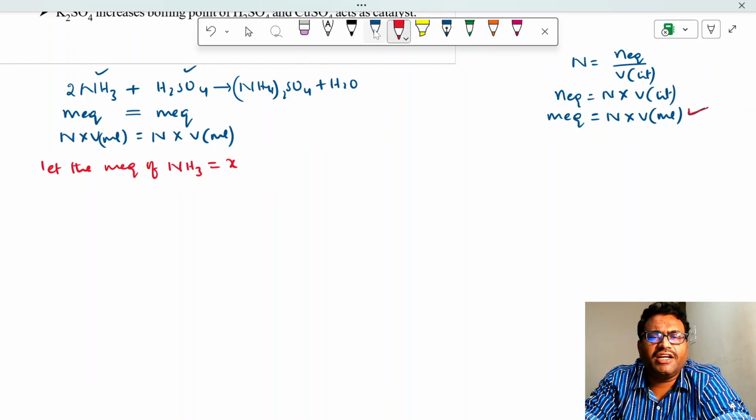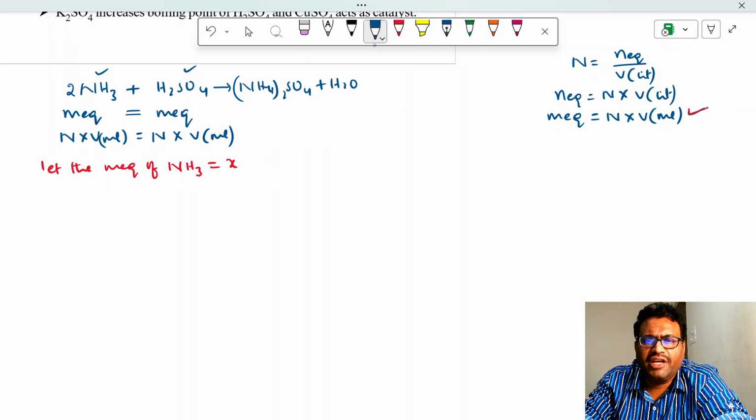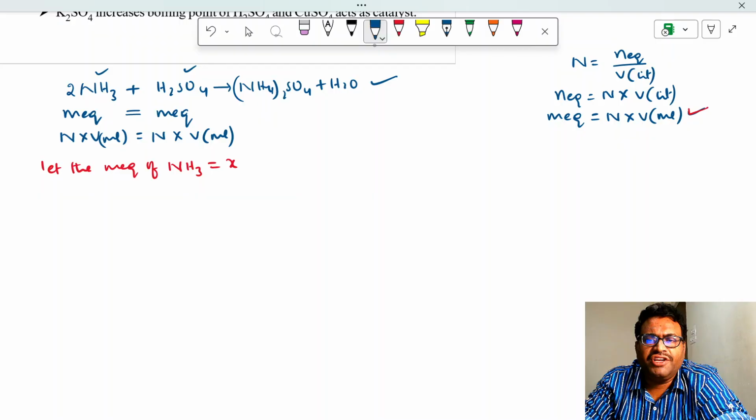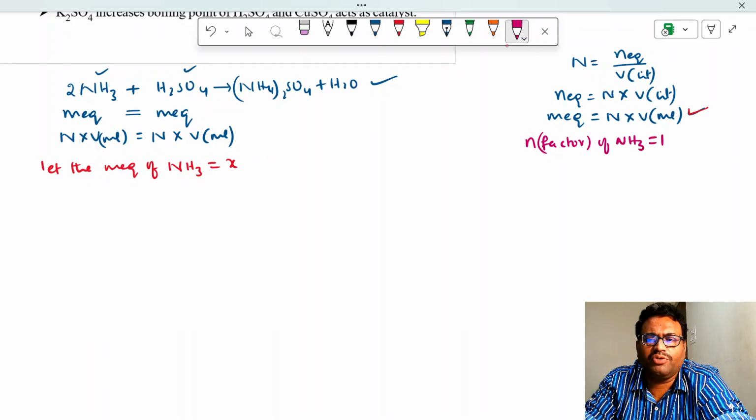Now we know that in this reaction, the n factor of NH3 is equal to 1.